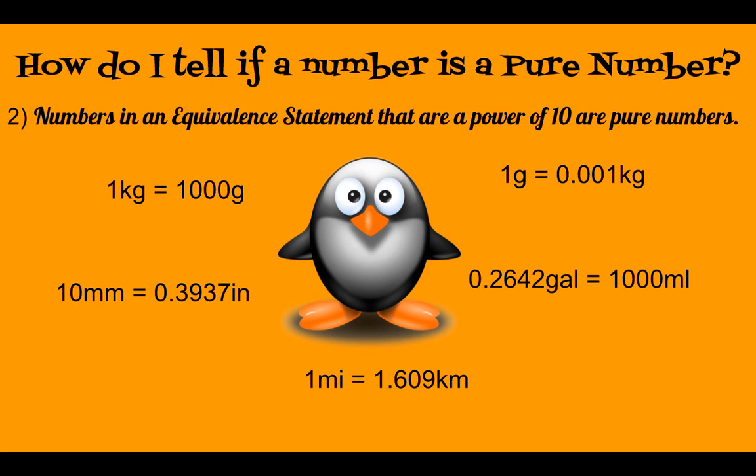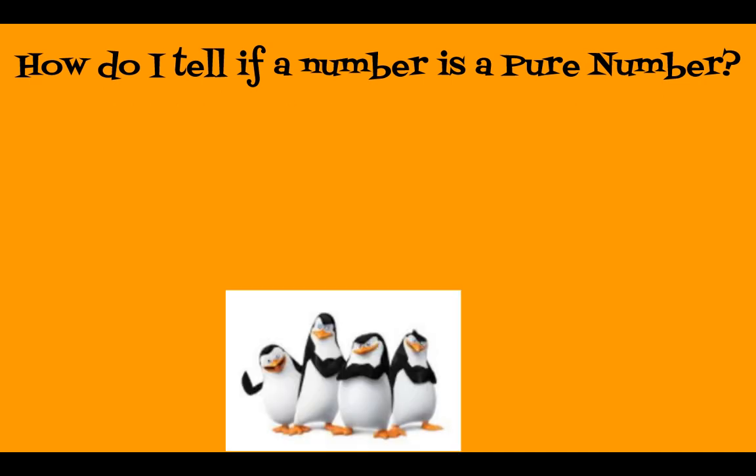You're comparing a gallon or a portion of a gallon to 1,000 milliliters. And then the final one is you're comparing a kilometer to the size of a known mile. So the power of 10 kind of acts like the known. Powers of 10 in equivalence statements are pure numbers. There they are. So I've circled all the powers of 10.